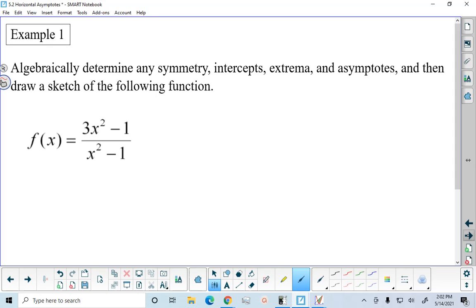So algebraically determine any symmetry, asymptotes, extrema, and also sketch the function. I haven't decided whether we're going to sketch it or not. So let's do the symmetry first. What I would like everybody to do is determine whether this function is odd, even, or neither without using a graphing calculator.